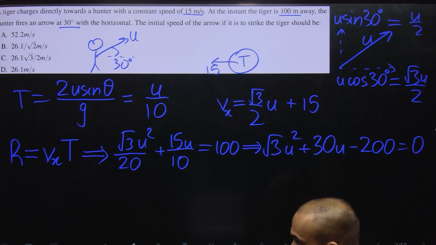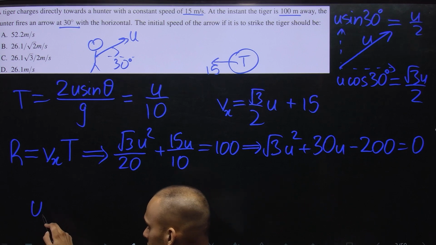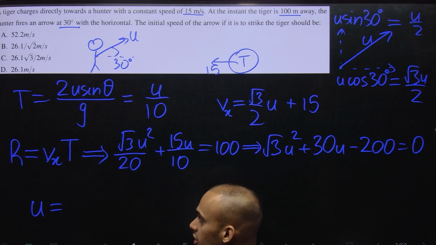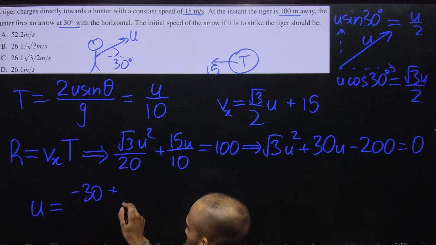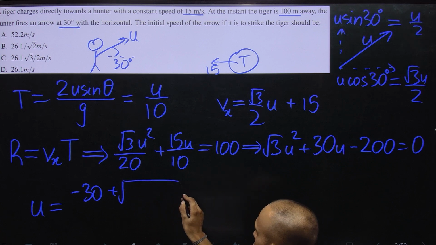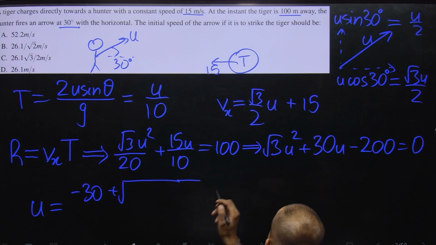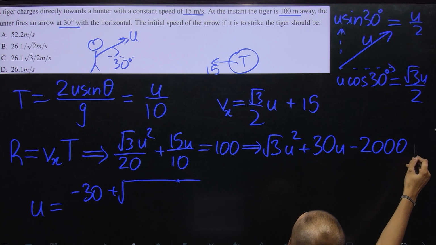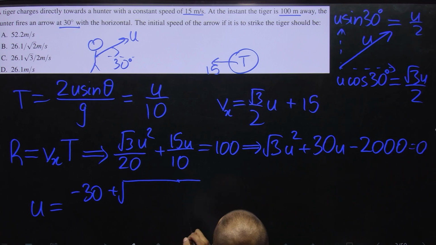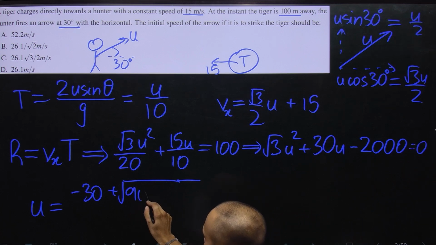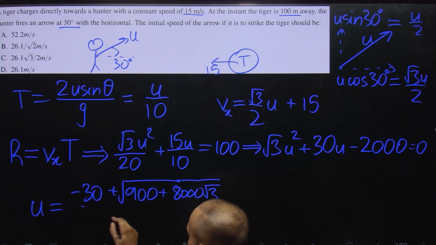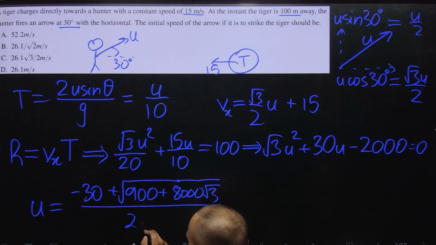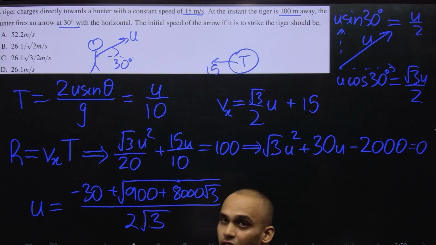Let us then write down the quadratic formula. We have u, again we need the positive root, so minus b, that is minus 30, plus square root of b square minus 4ac, that is, sorry, this is 2000, b square is 900, plus 4 into 2000 is 8000 into root 3, upon 2 root 3 completes the quadratic formula.